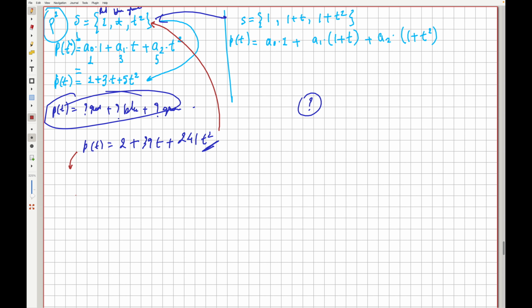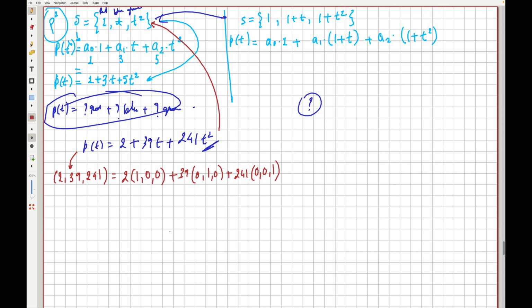How? By combining the values. To get to 2, 39, 241, we essentially need two blocks of red, which is 1 0 0, then 39 blocks of blue, which is 0 1 0, and then 241 blocks of the green, which is written here as 0 0 1.